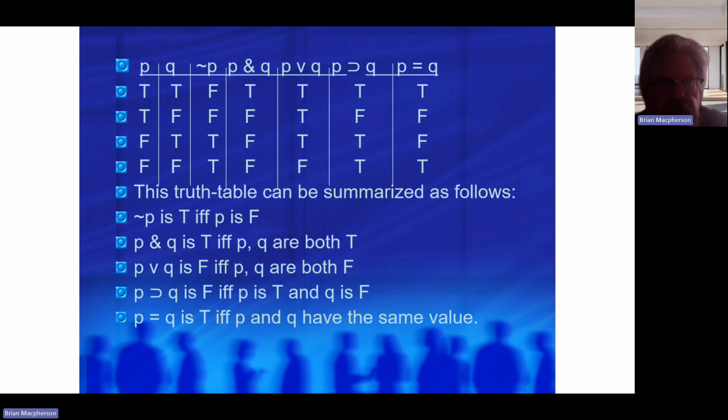And so you can render what those connectives mean by drawing what is called a truth table, all right? Basically, what the truth table does is it tells you what each connective means.